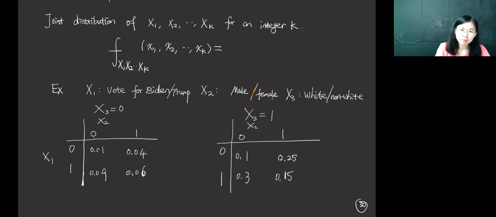And that probability mass function equals the probability that the x1 variable equals little x1 value, the x2 variable equals little x2 value, and the xk variable equals little xk value.